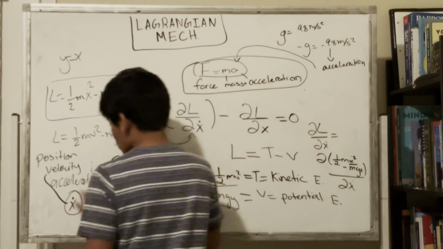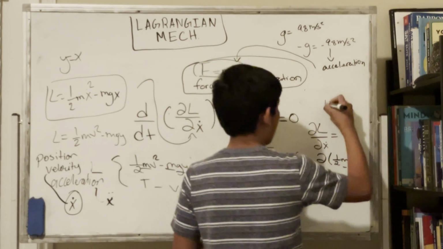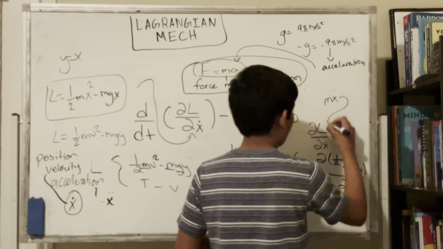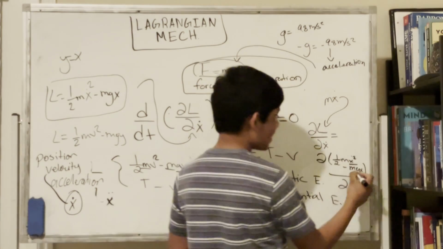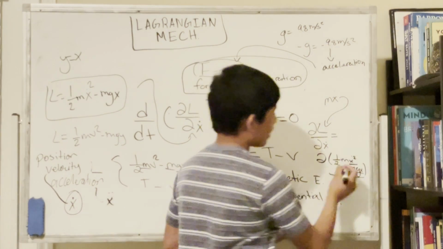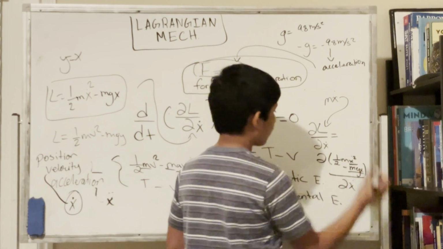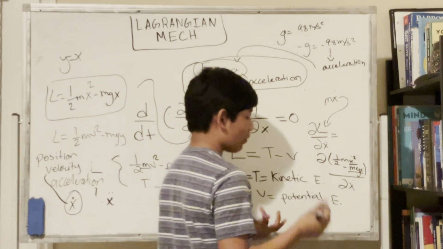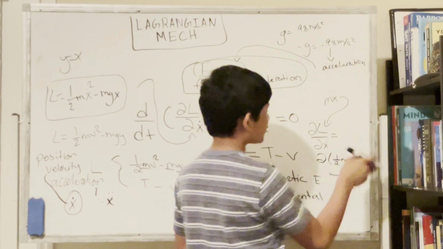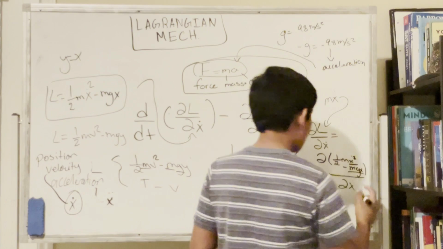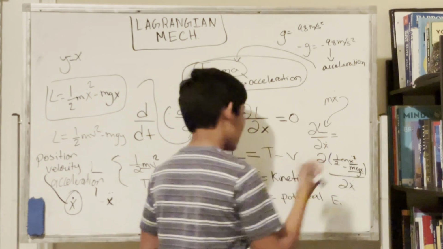So essentially, we're going to get m x dot for this term, because the other term doesn't have any x dots, so it will cancel out. And since this term has an x dot with a power, we multiply that, the 1/2 and the 2 cancel, so we'll just have m x dot.